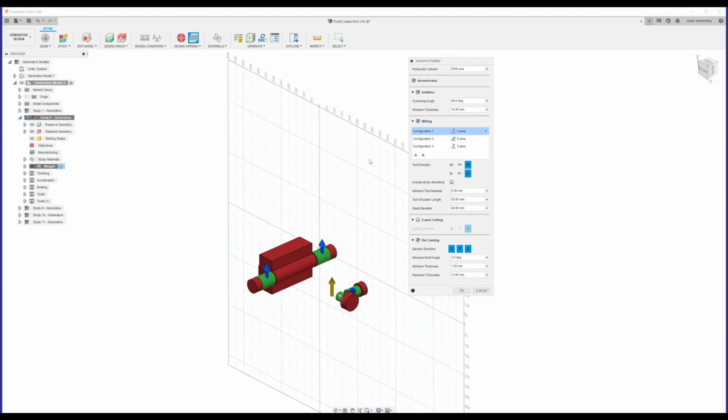Any other questions around generative design, its capabilities, how you might be interested in using it? Okay.